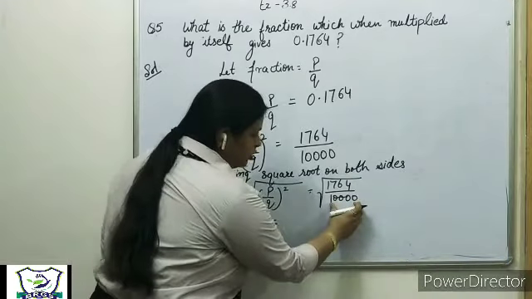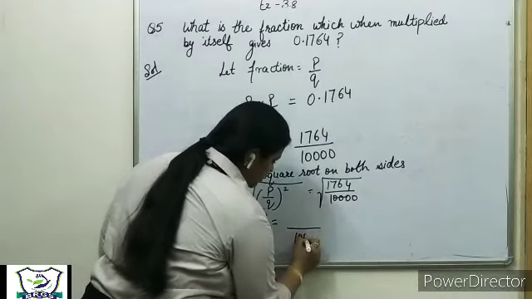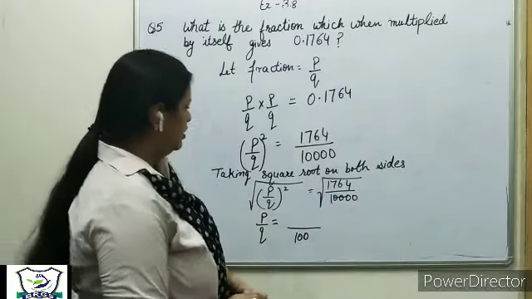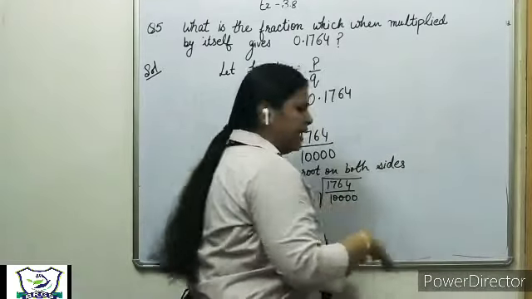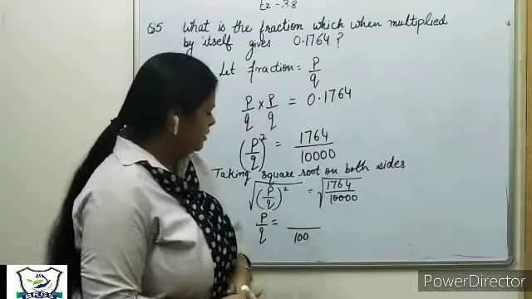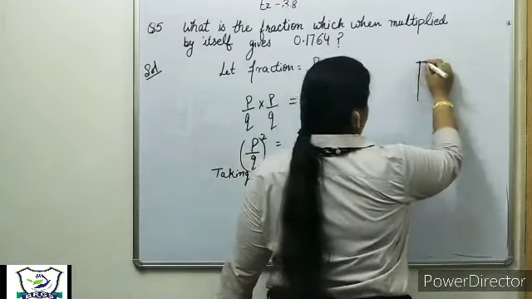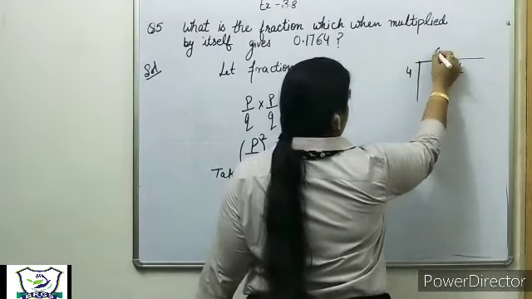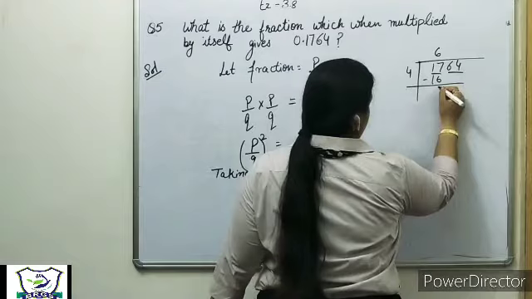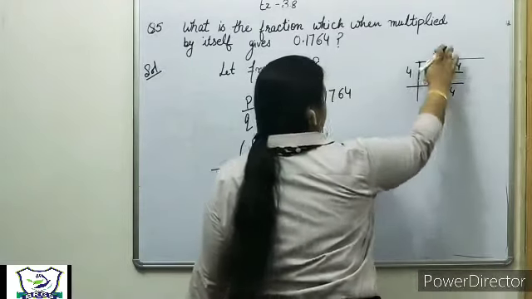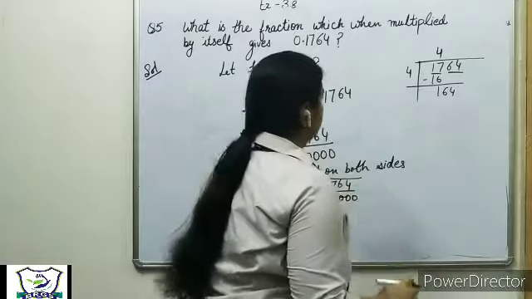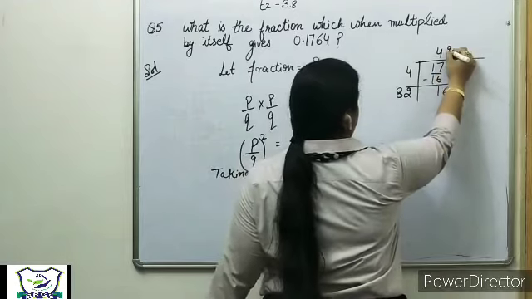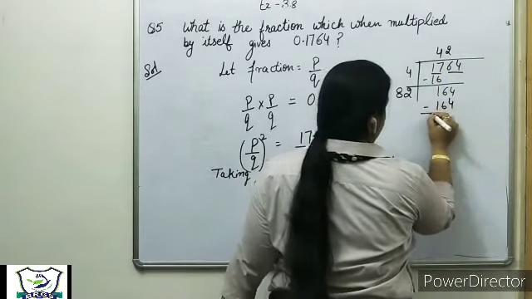So square root of 10,000 is 100. And square root of 1764, you can calculate it by any method. I will try to calculate it by the division method. 1764 pairing, 4 4s are 16, 16, 1, 64, and 4 4 plus 8, and 2 2s are 4, 2 is a 16, cancel.